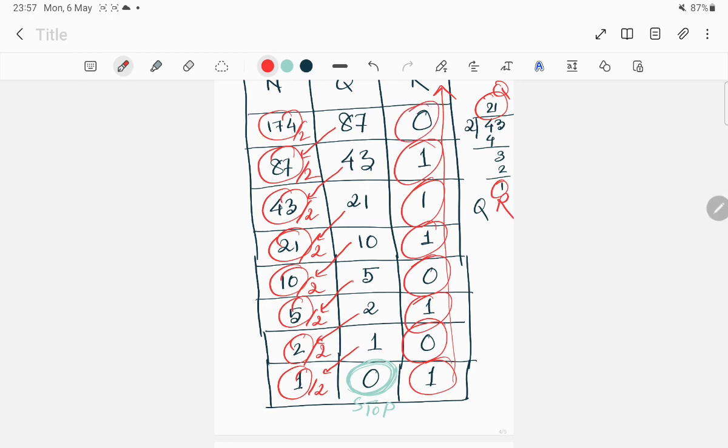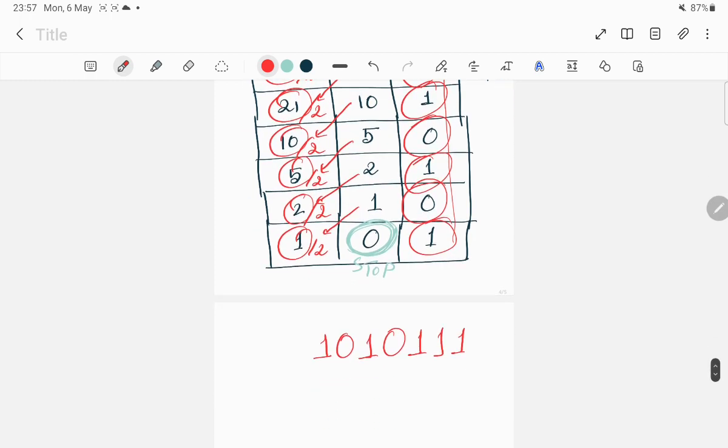And then we have 0. So this is what we have in binary. Okay, so this is 174, the base 10.